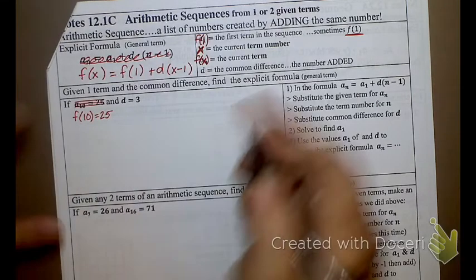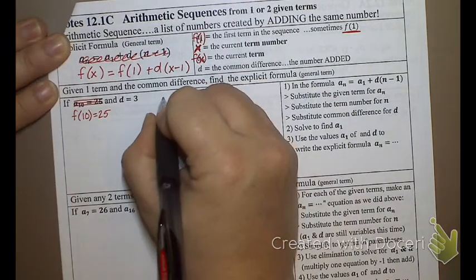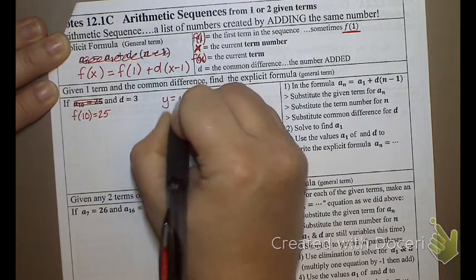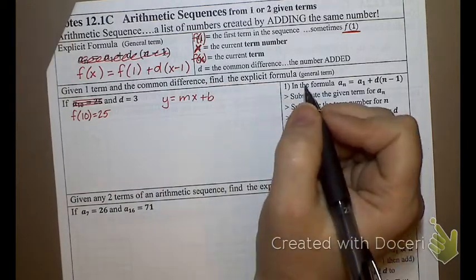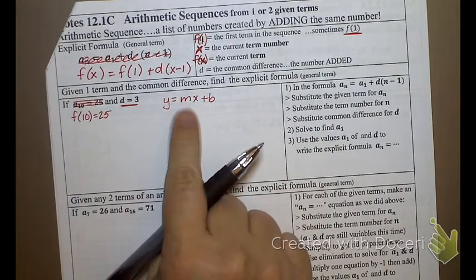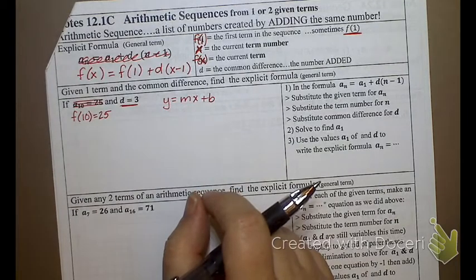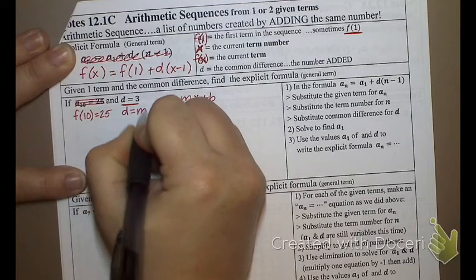okay? So I'm going to think about how we have, you know how we have the formula y equals mx plus b? And that's what all of our arithmetic formulas follow, right? Well, isn't d one of those letters? Yes. What is it? M. D is our m value.